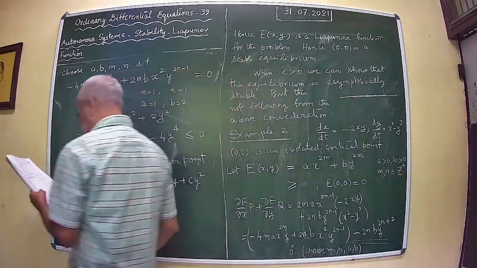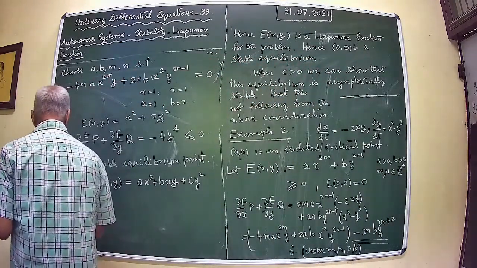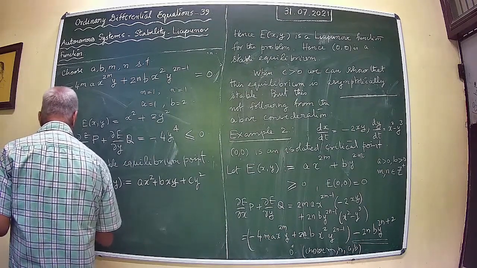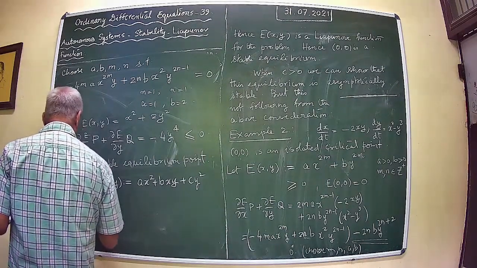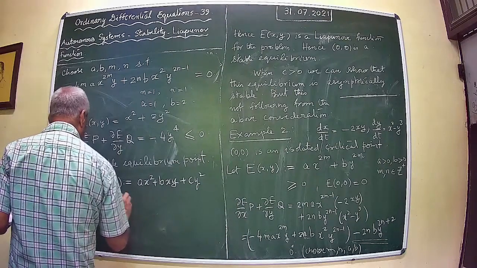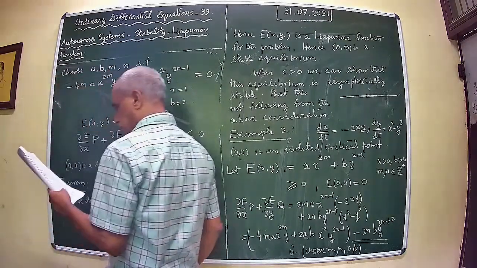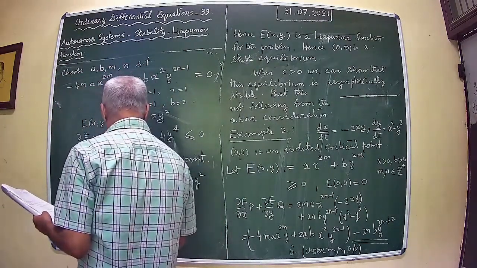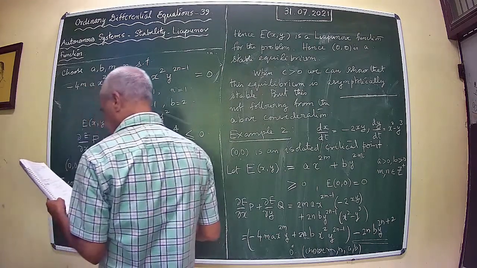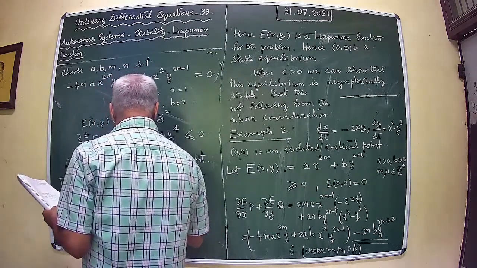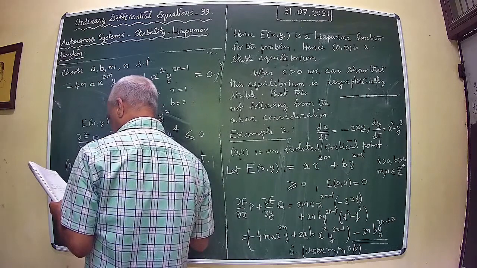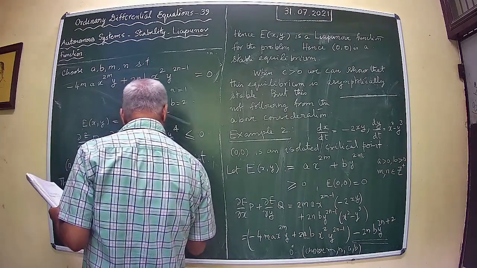This is positive definite if and only if a is positive and b square minus 4ac is negative.